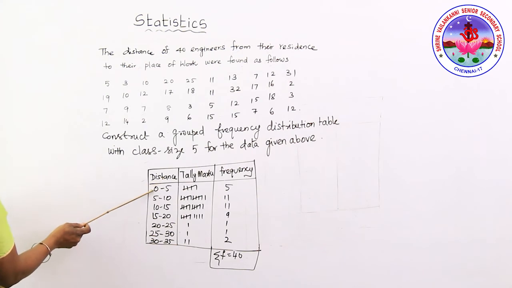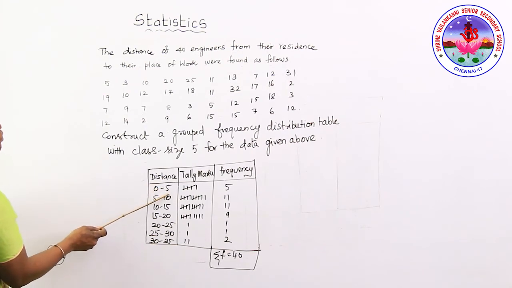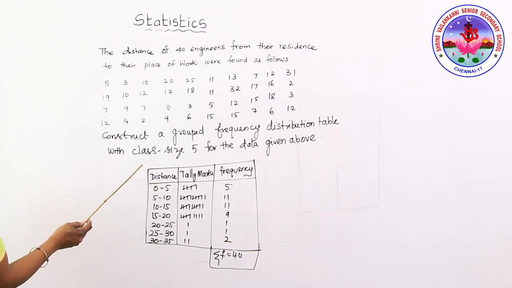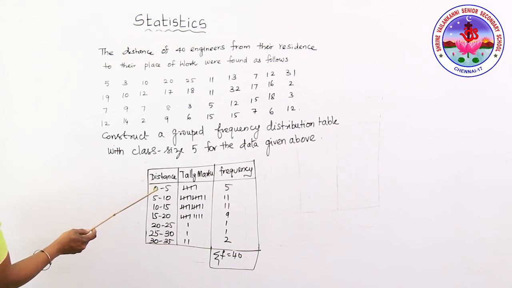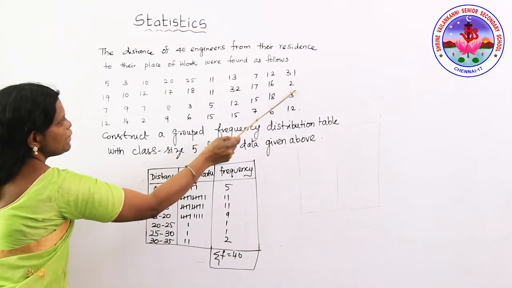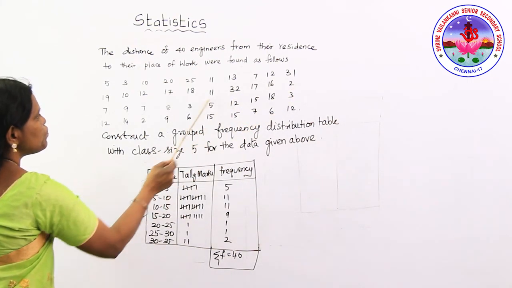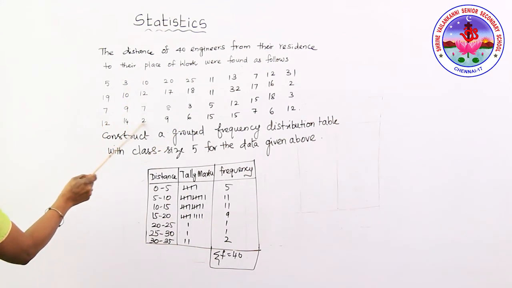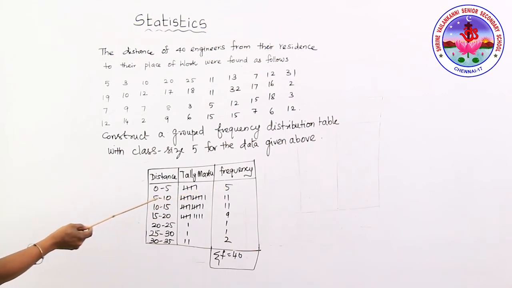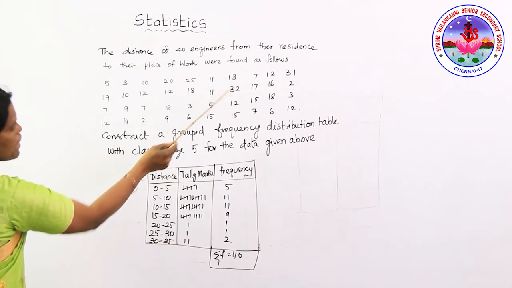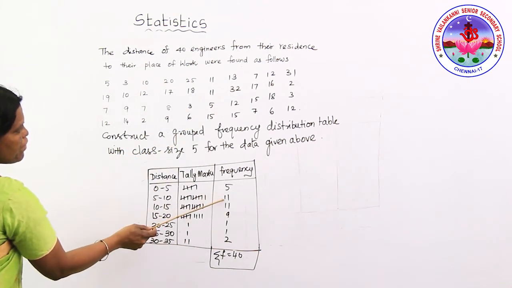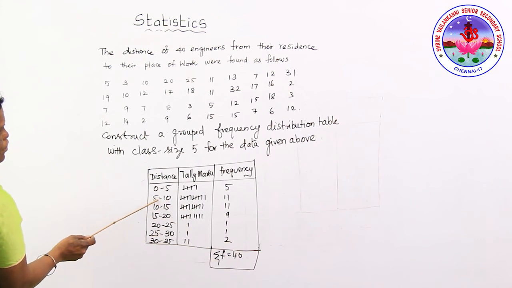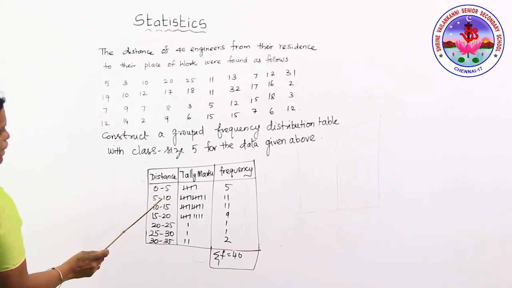Now coming under the category of distance 0 to 5, I find that 4 engineers travel a distance between 0 to 5. See here, you have 1, 2, 3, 4, 5. So I am writing 5. Similarly, for the distance between 5 to 10, I find from this table that 11 engineers travel every day within the range of 5 to 10 kilometers.